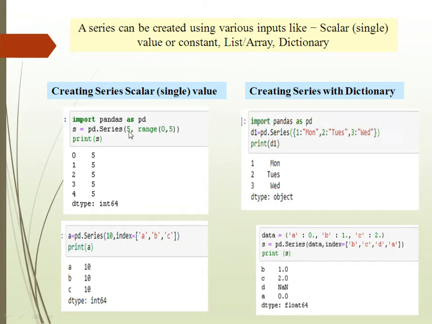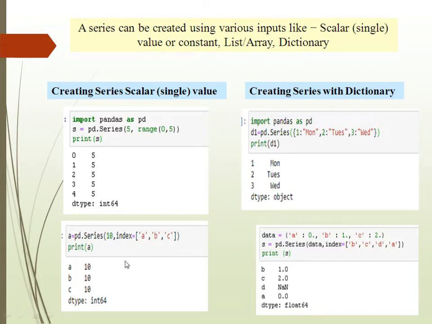Now I want to put this scalar value 5 in all the indices from 0 to 4. So the answer is this. Clear? The indices are 0 to 4 and the values are 5. This is known as a scalar value, a single value, meaning the same value is inserted in all the indices.